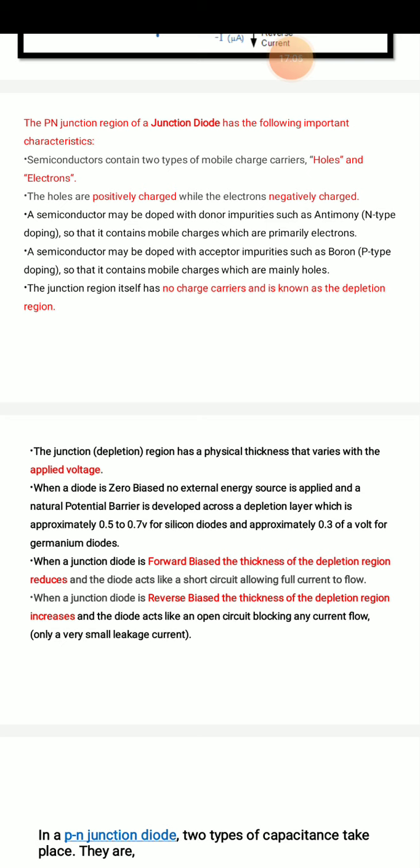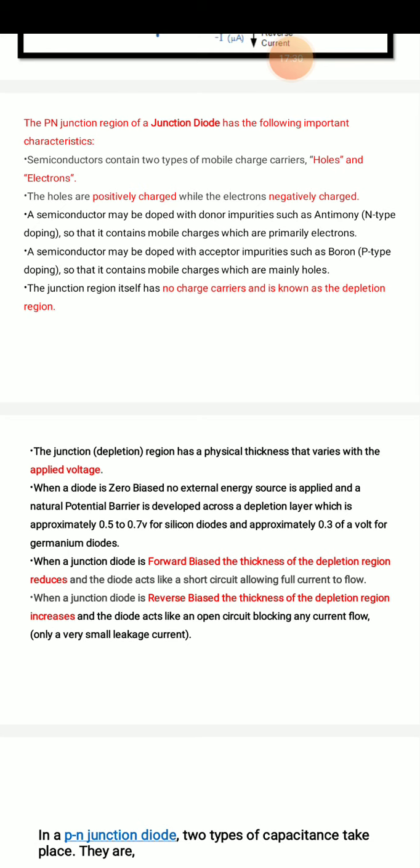In the N-type, the holes are positively charged while the electrons are negatively charged. In the N-type, the electron is the donor, and in the P-type the hole is the acceptor.